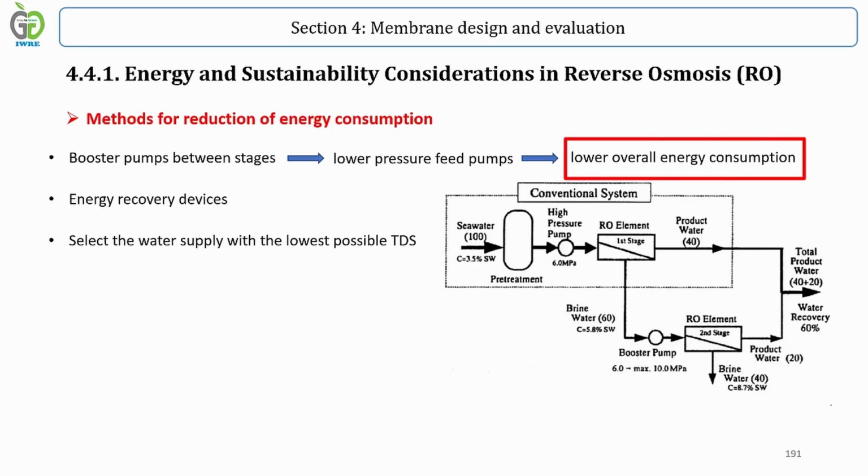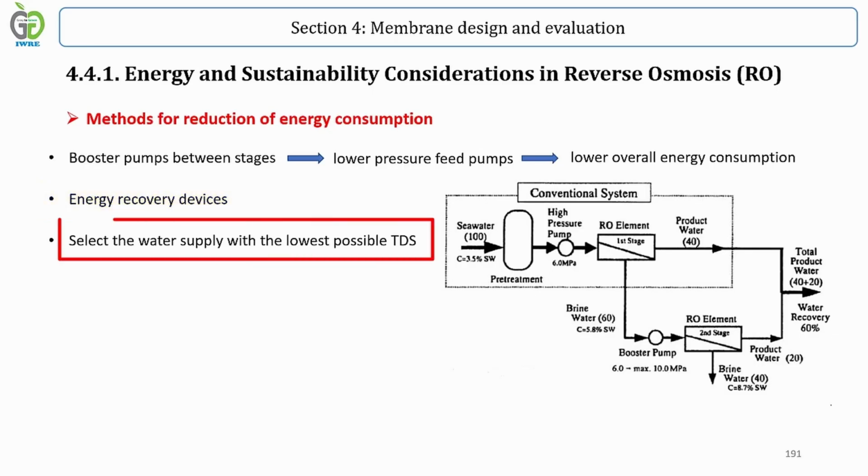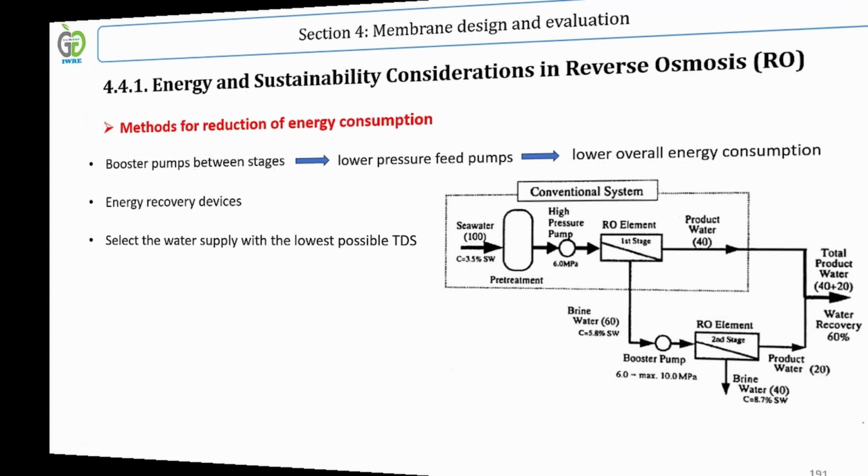The result is lower overall energy consumption. Energy recovery devices are also an important part of the design. Ultimately, however, the best way to reduce energy consumption from a reverse osmosis system is to select the water supply with the lowest possible TDS and therefore the lowest osmotic pressure, if multiple water supplies are available.